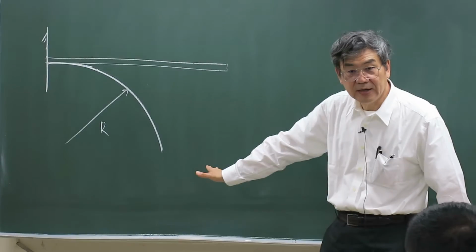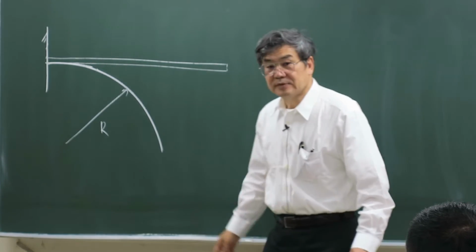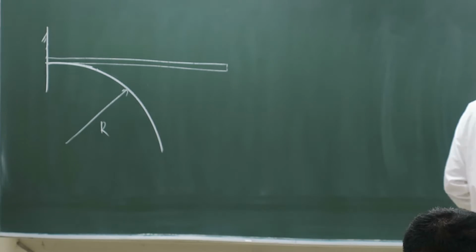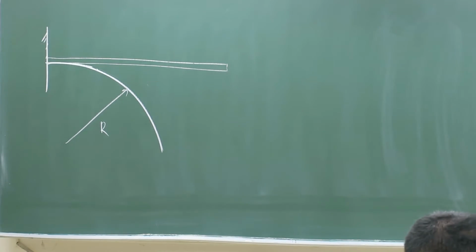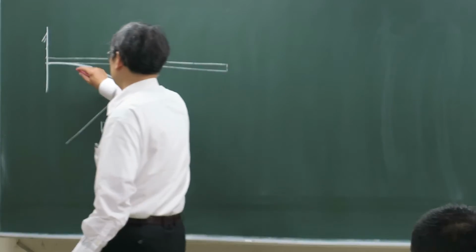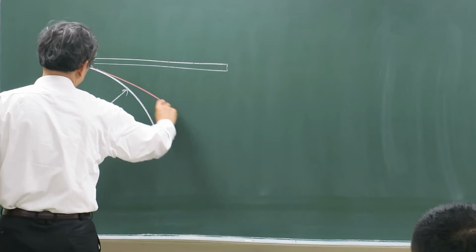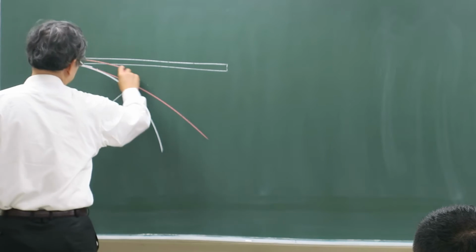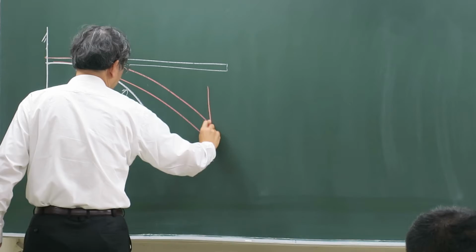If I put a loading on it, the beam will bend, right? And part of the beam will contact the structure. For example, I put PB.